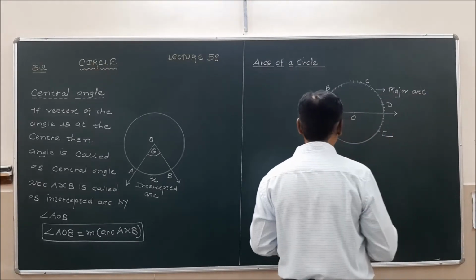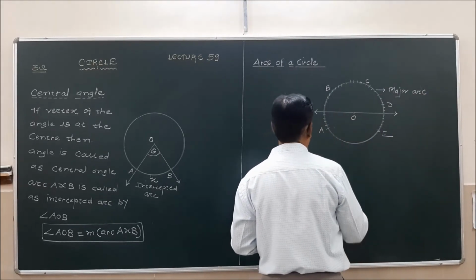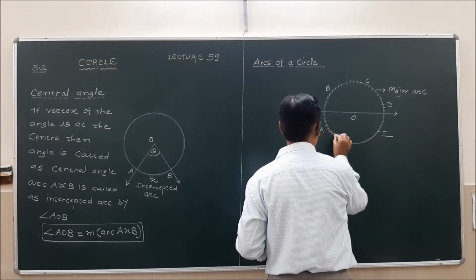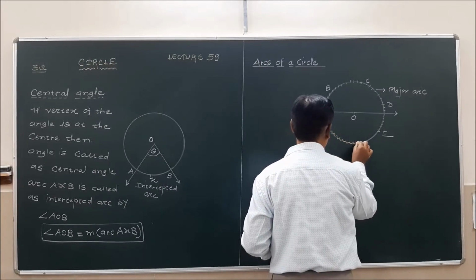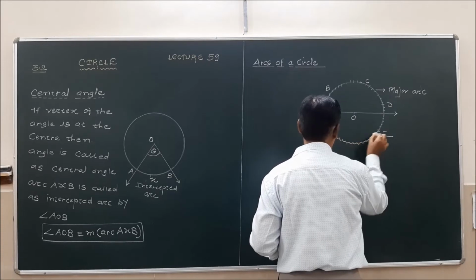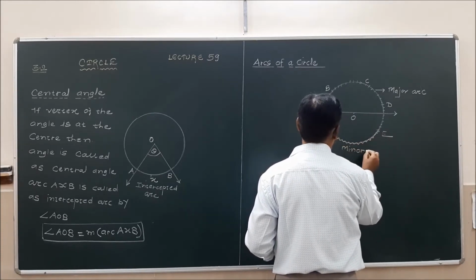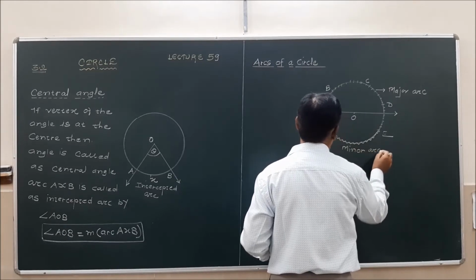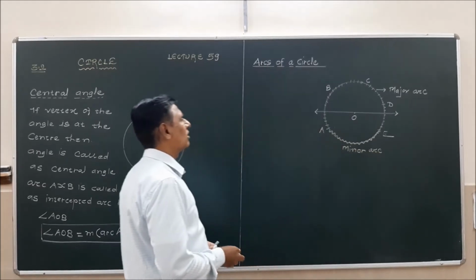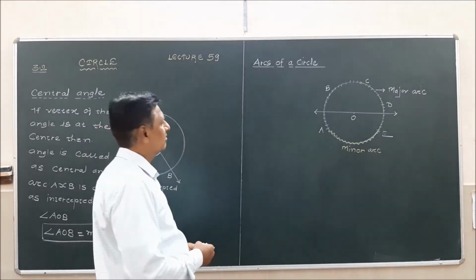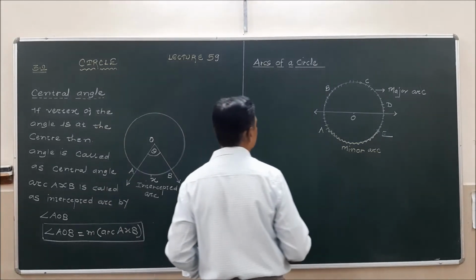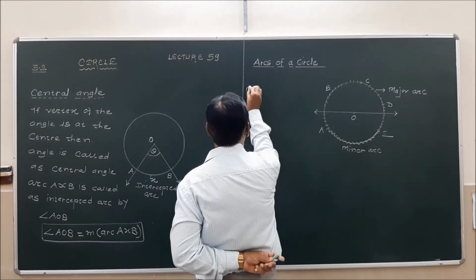And the arc which is smaller than semicircle is called a minor arc.